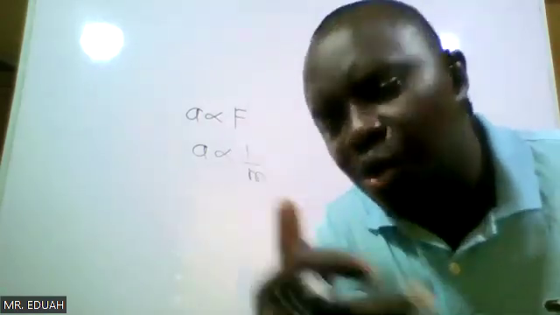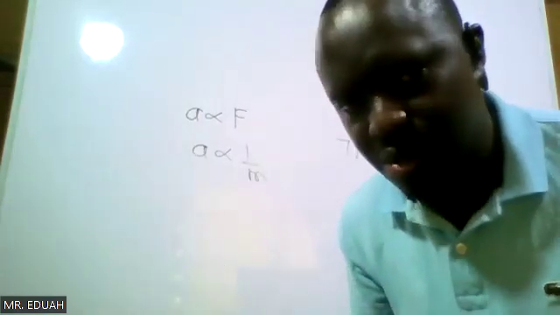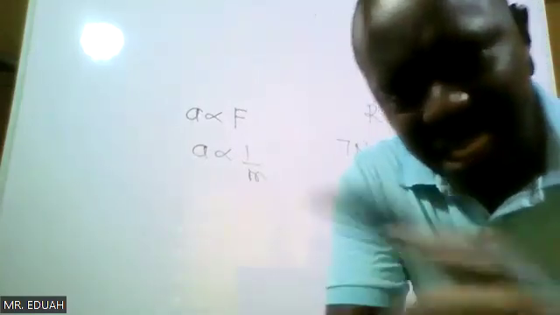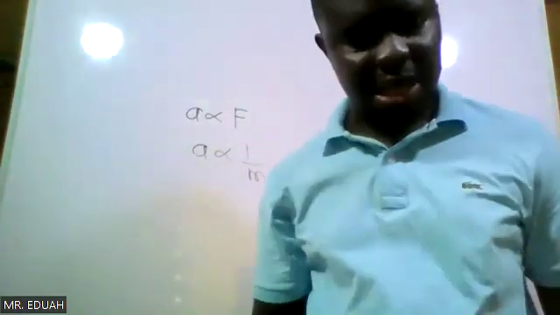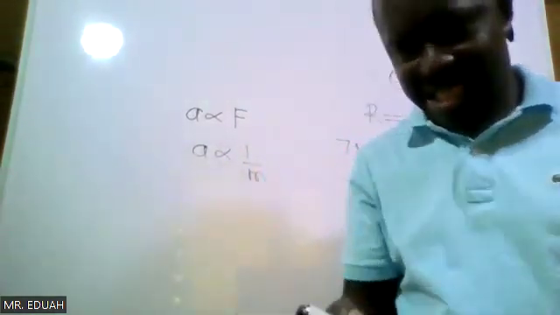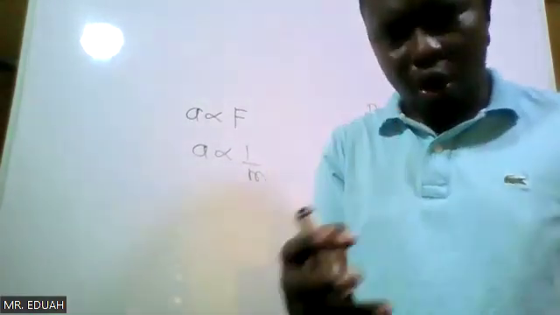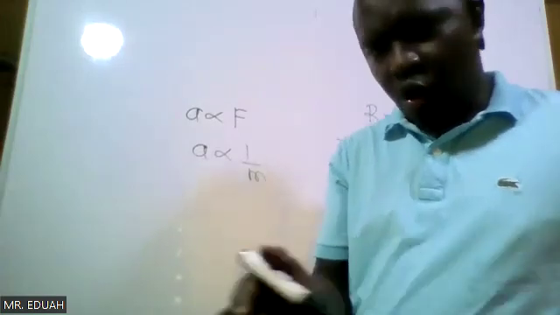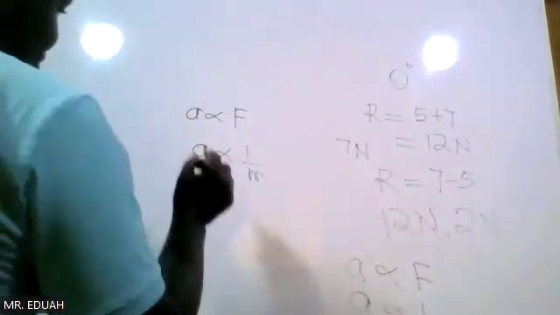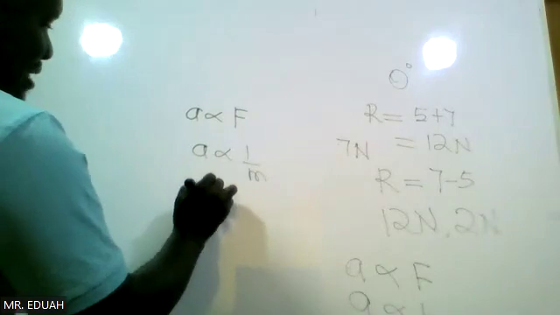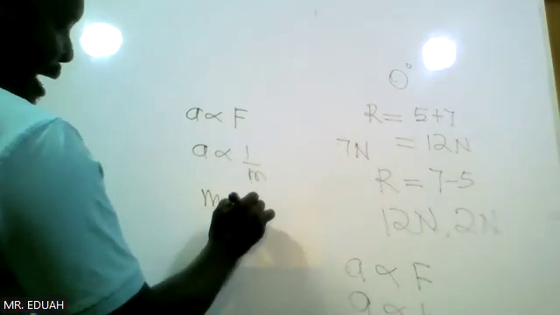How would you describe the speed that would happen in each of the two examples? I want somebody to share your view with us. So mass one and then mass two.